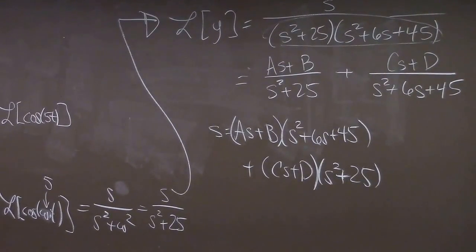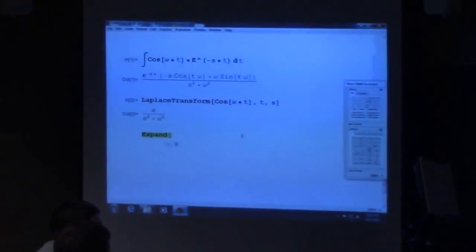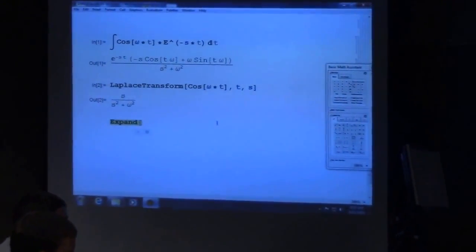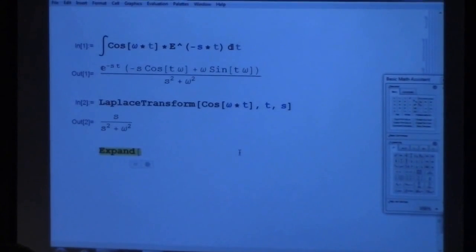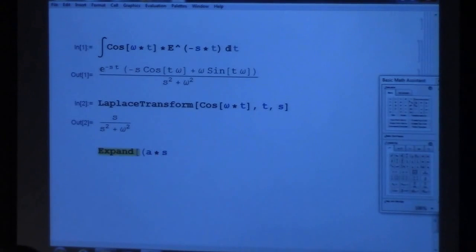Maybe that's worth doing. Let's have Mathematica do it. I'm going to use lowercase letters for A, B, C, and D because in Mathematica, capital D, for example, is reserved, and I think maybe capital C is as well. So I'll use lowercase here.